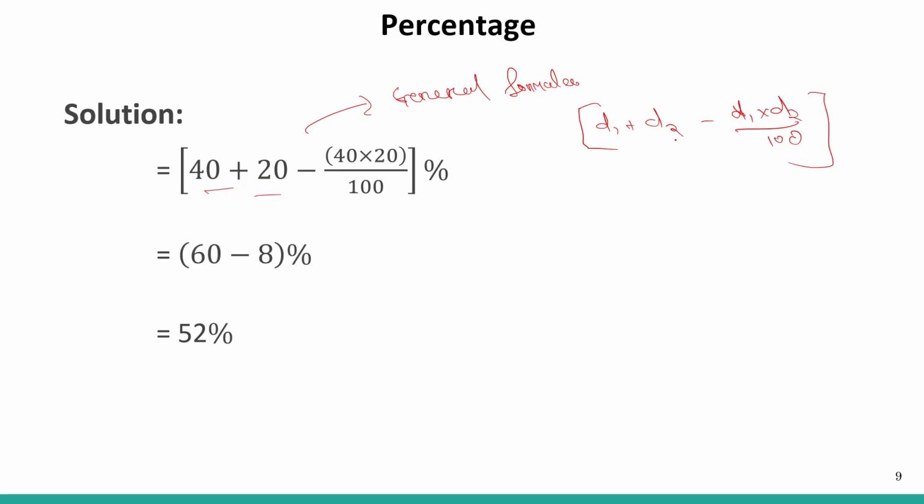This much percent will be the required net discount, of the MRP or cost price. So 52 is the correct answer here.